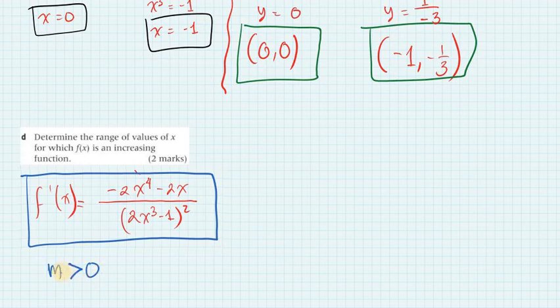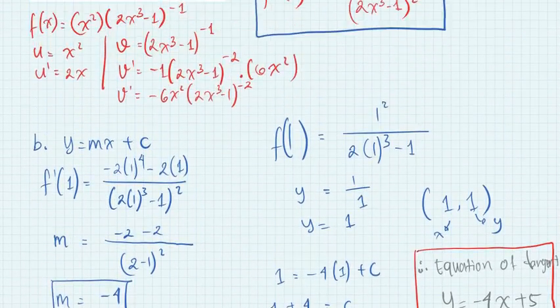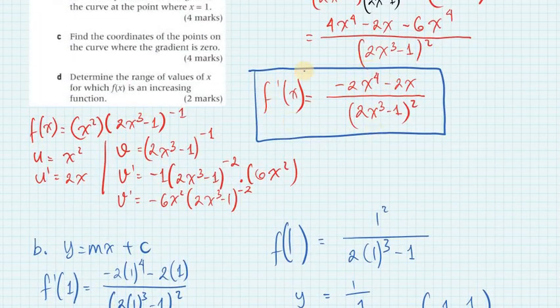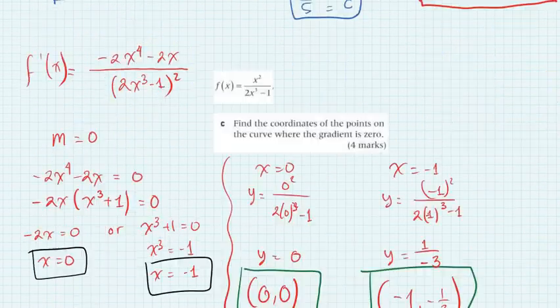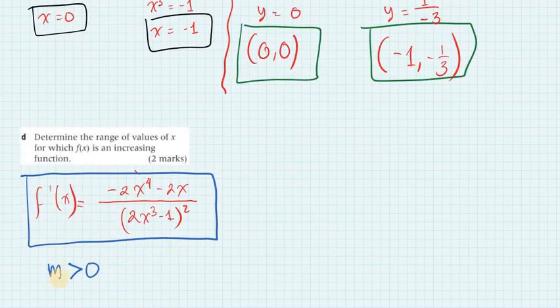The gradient should always be more than 0. This is the gradient function that I took from the top part. So the gradient function here, we have to make sure that the gradient is always positive.